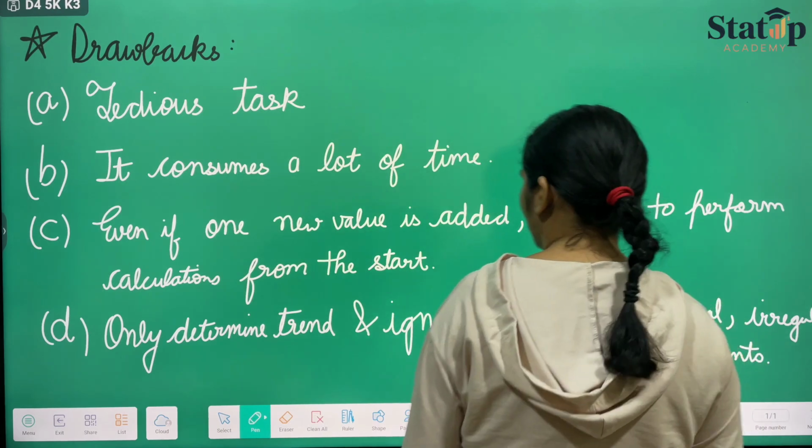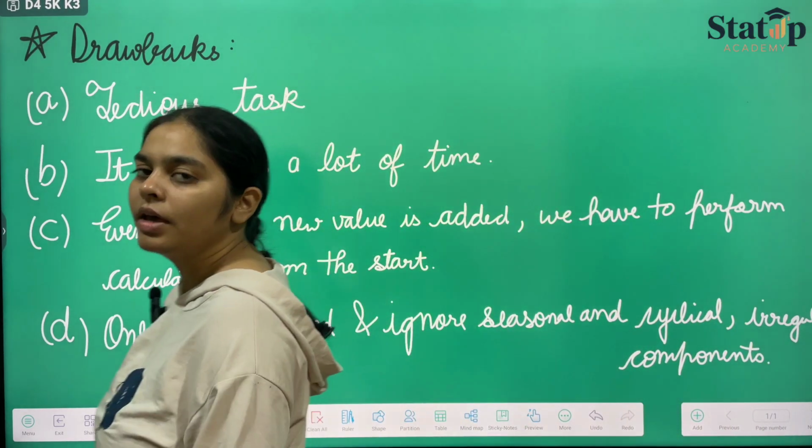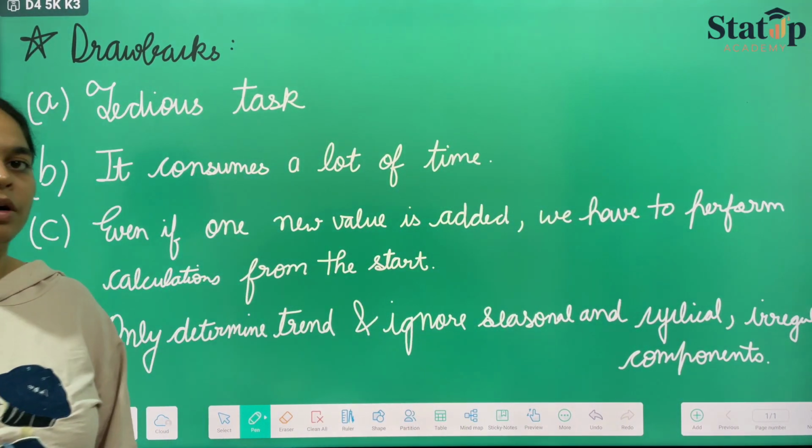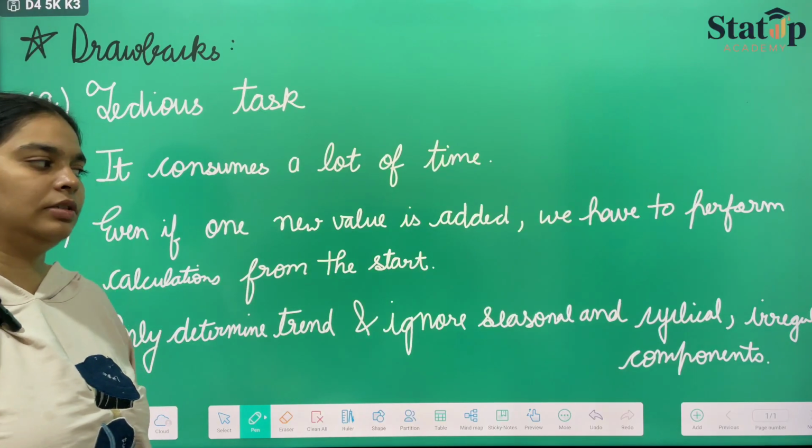So these are the four major drawbacks that we see in the system of equations of least square.